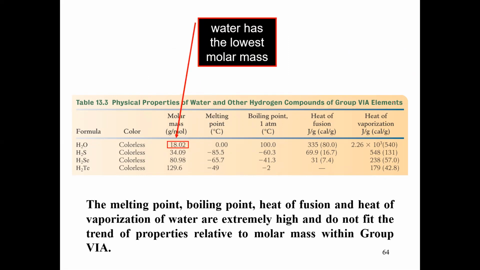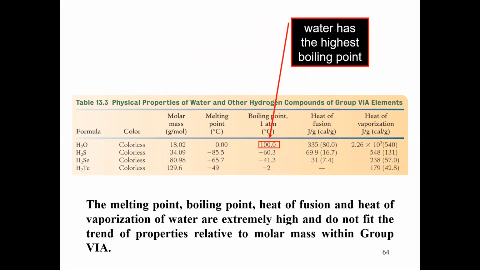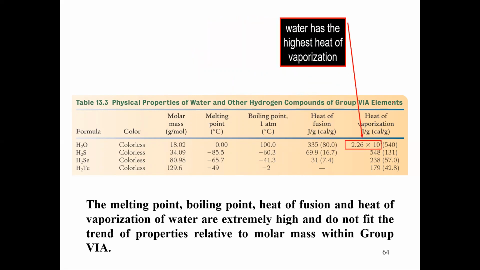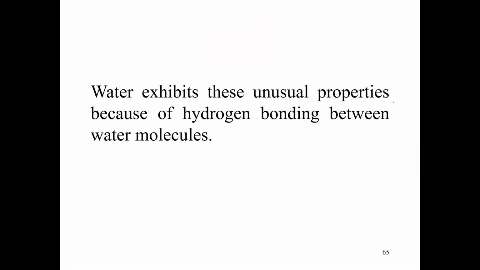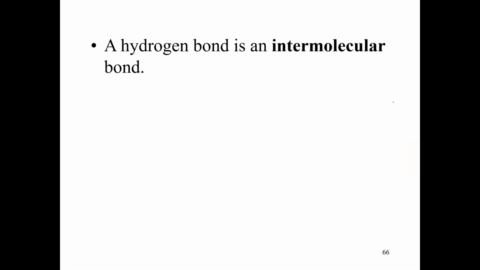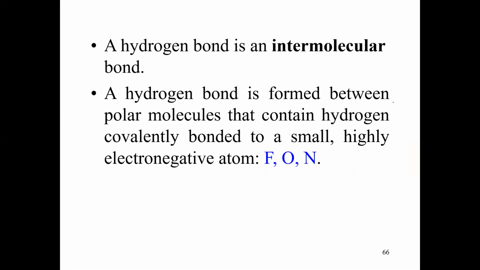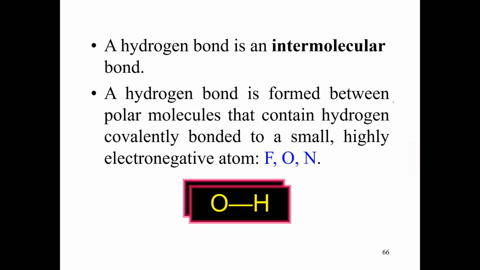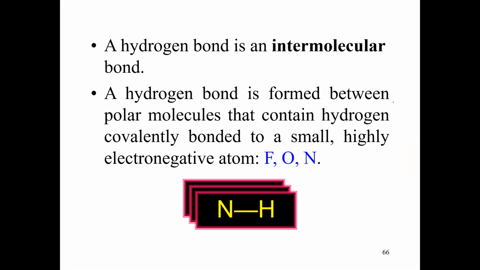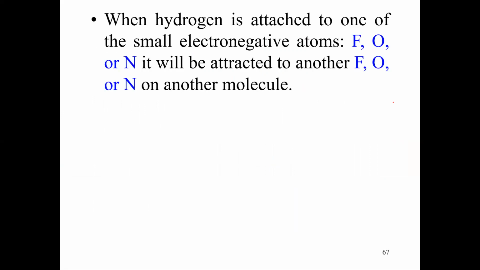Water has a low molar mass, but it melts and boils at a higher temperature. That's all because of the hydrogen bonding associated with it. It's an intermolecular bond. The hydrogen bond is formed between polar molecules that contain hydrogen covalently bonded to a small, highly electronegative atom. Examples would be fluorine, oxygen, and nitrogen, so you can have HF, HO, and NH.